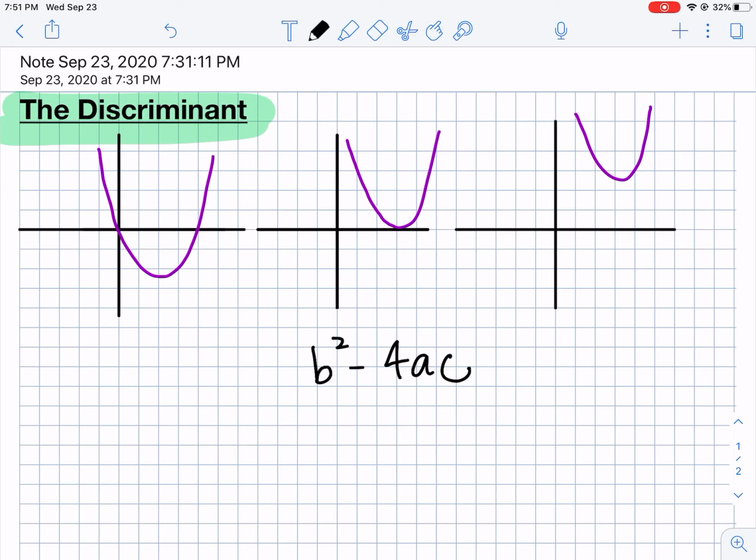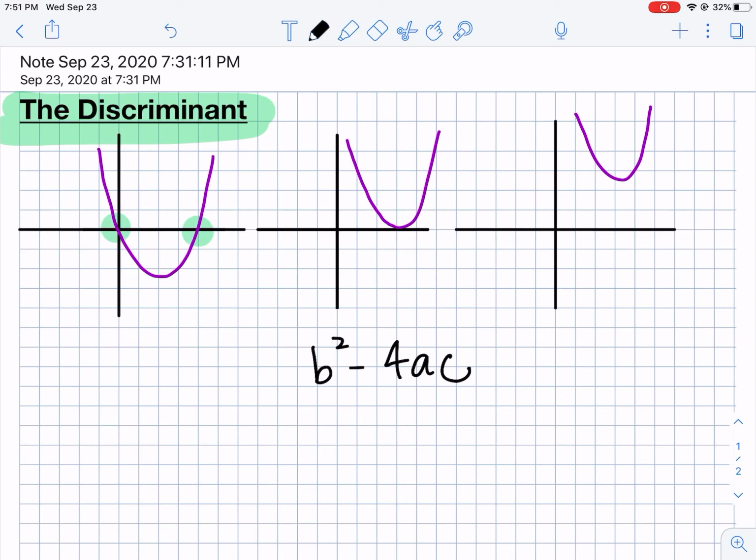Now, where have we seen b squared minus 4ac? Well, that occurs in the quadratic formula. That's the thing that's in the square root. It's either plus or minus the square root of something. So in most of the examples that we've done so far, we've had two x-intercepts. Count them: 1, 2.